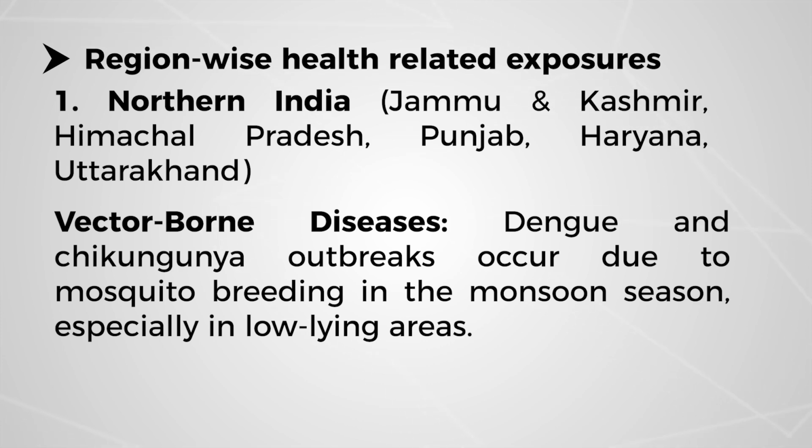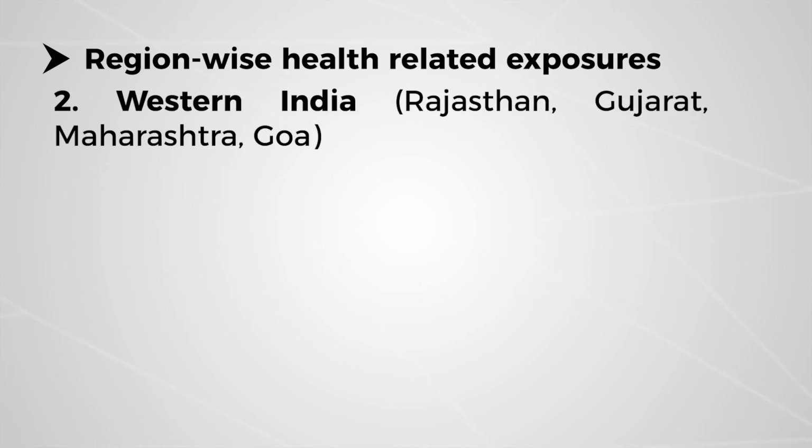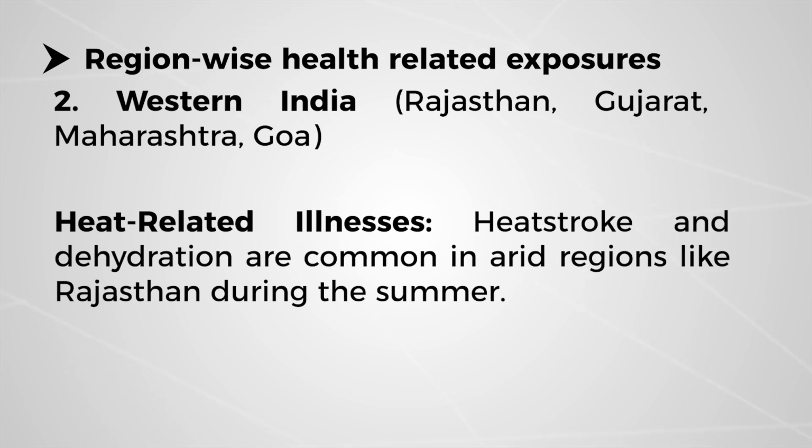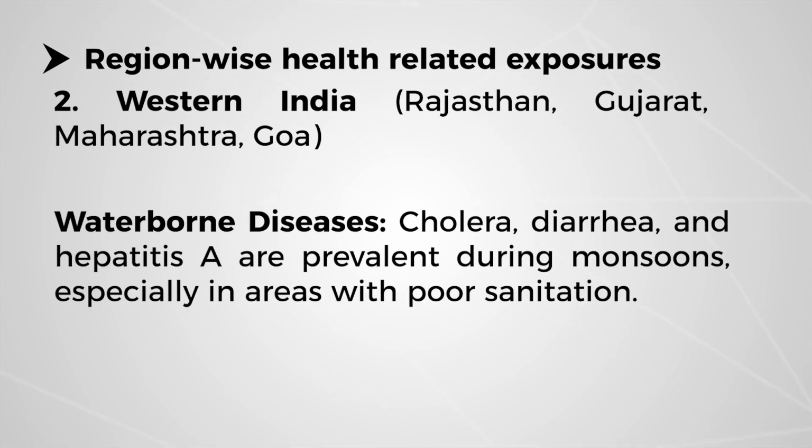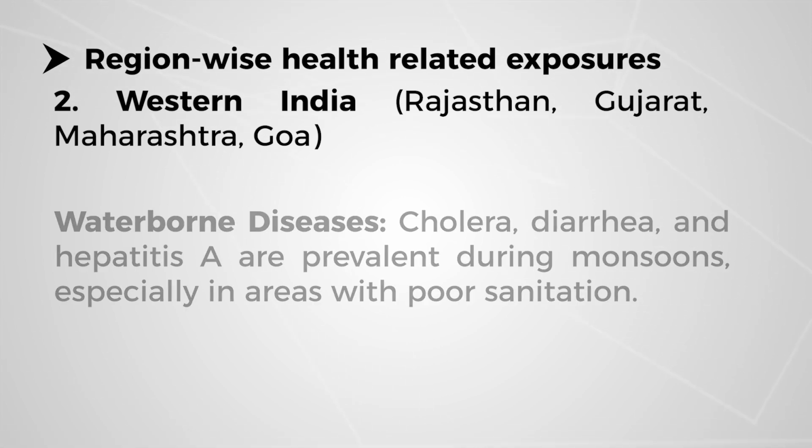Like in western India, for example Rajasthan, Gujarat, Maharashtra and Goa, in these regions there are common health issues like heat-related illness. Heat strokes and dehydration are common in arid regions like Rajasthan during the summer season. Waterborne diseases like cholera, diarrhea and hepatitis A are prevalent during monsoon, especially in areas with poor sanitation.